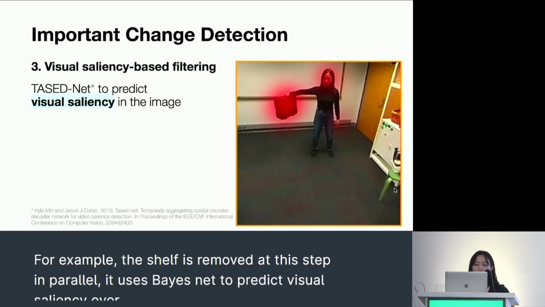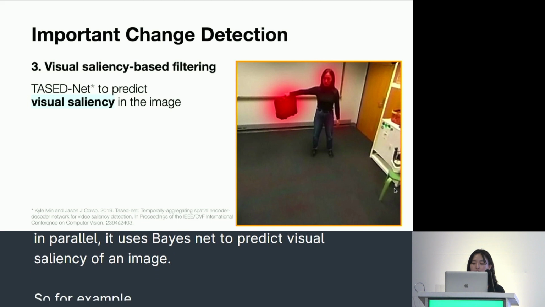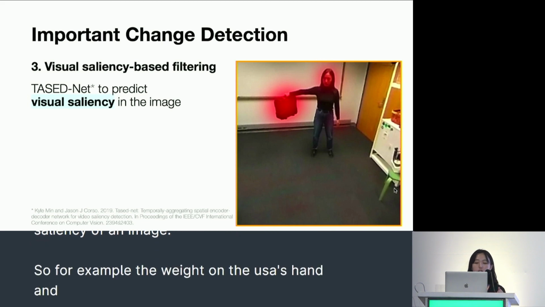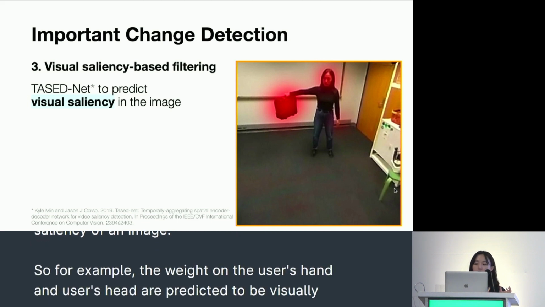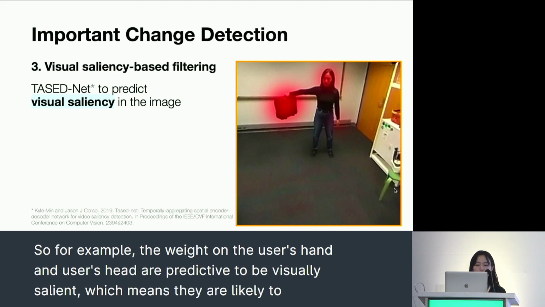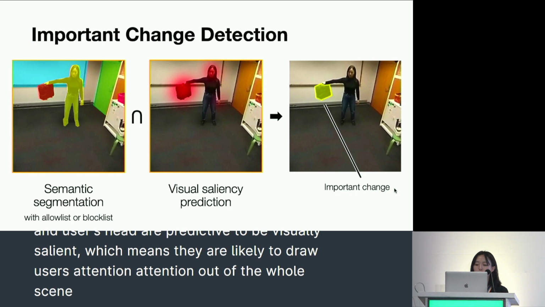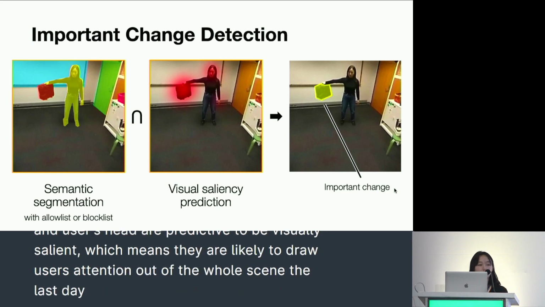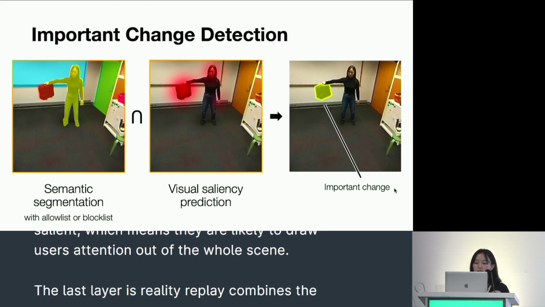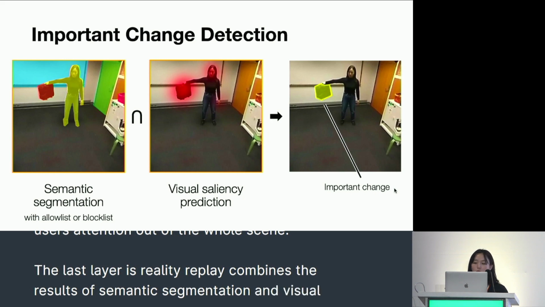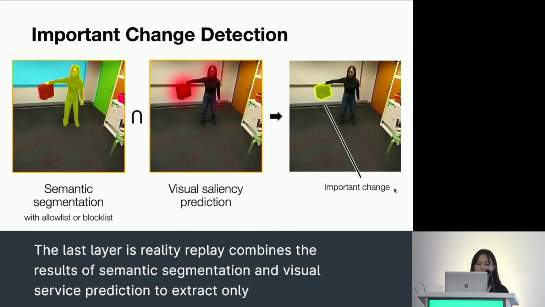So for example, the weight on the user's hand and user's head are predicted to be visually salient, which means they are likely to draw users' attention out of the whole scene. So lastly, RealityReplay combines the results of semantic segmentation and visual saliency prediction to extract only the important changes happening in the scene.